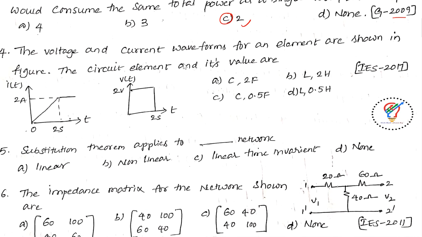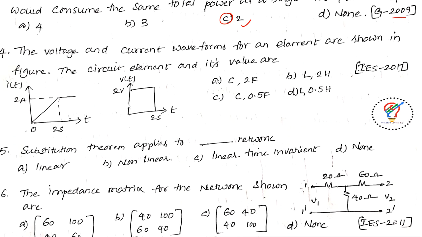Next one, this question was asked in IES 2017. The voltage and current waveforms for an element are shown in the figure. The circuit element and its value are? This kind of question was asked in the AP Transco paper. The options are C for capacitance 2 farads, L for inductor 2 Henry, capacitance 0.5 farad, and D for inductance 0.5 Henry.